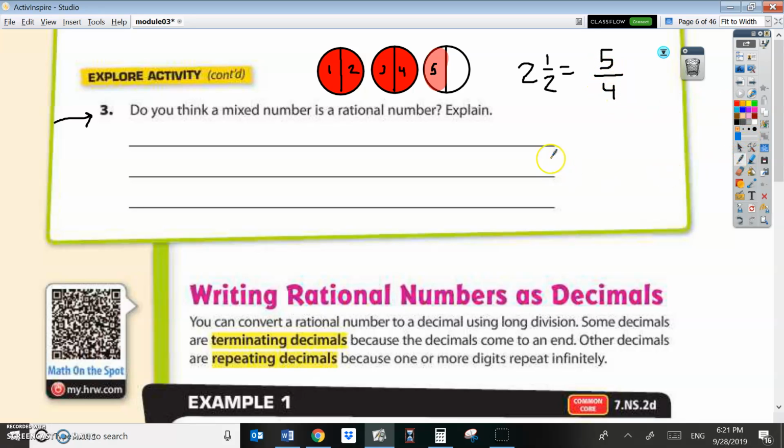So mixed numbers, you do it like this. You put a multiplication symbol here, and then an addition symbol here.